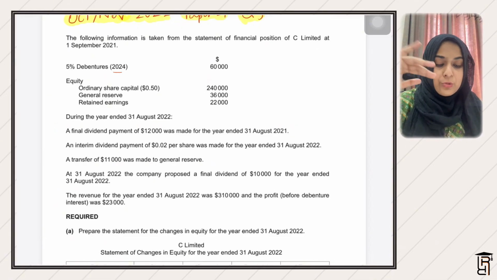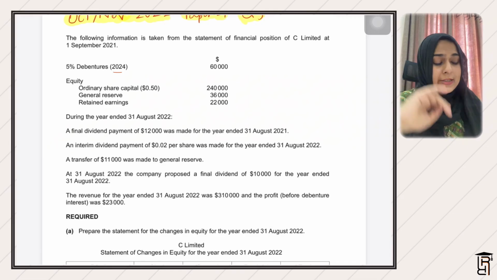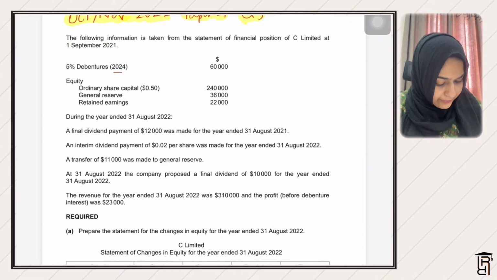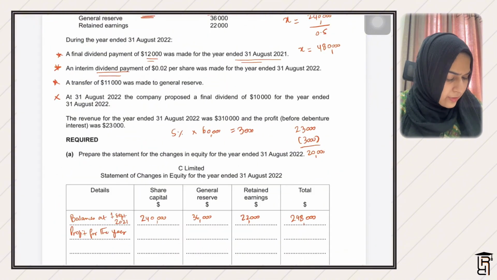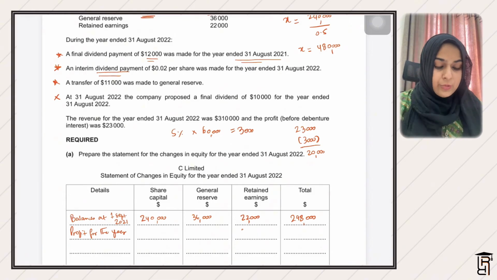So I'll move on to profit for the year that I will add in retained earnings. I'll write here profit for the year. I'll write here 20,000 in retained earnings, and the row total will be again 20,000. Then I need to subtract all the dividend payments.